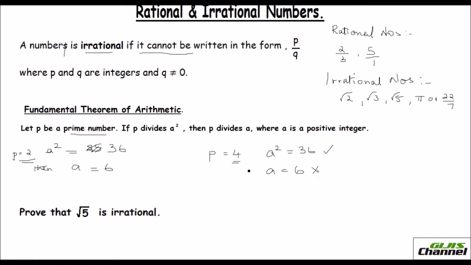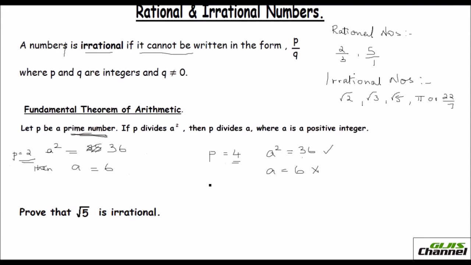So for a composite number, this theorem doesn't work. Only for prime numbers. That's why I keep repeating prime number. For any prime number, if it can divide a square, then you can conclude that it can also divide a. So we will have to use this theorem in the problems sometimes.